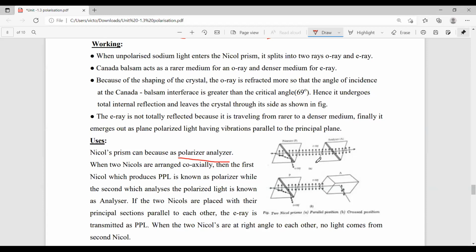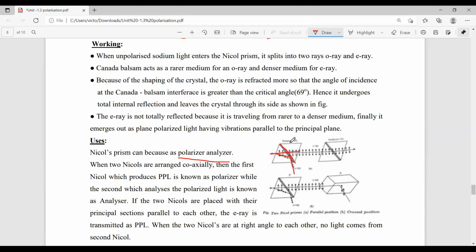When you observe this figure, this is the Canada balsam. Whenever ordinary light is incident on it, it splits into two parts: one refracted ray is the E ray, and another refracted ray is the O ray. Due to the Canada balsam, the O ray completely undergoes total internal reflection. Only the E ray is emitted through this direction.